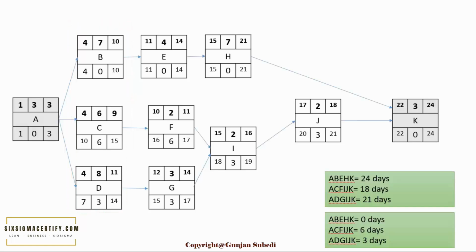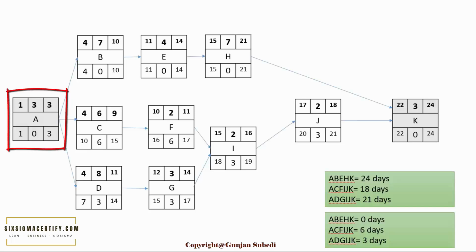But the late finish of A is 3, because we should select that pathway which has the minimum time when we are doing the backward pass. The minimum time between B, C and D is 4. So our late finish for A will be 3.